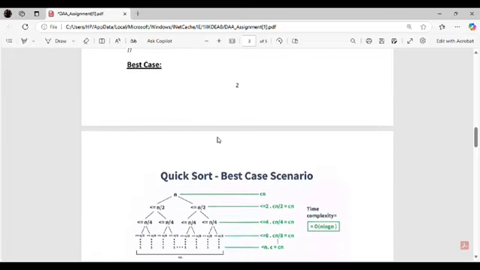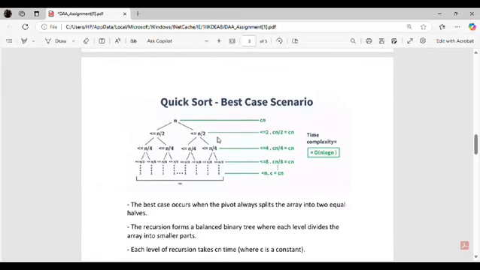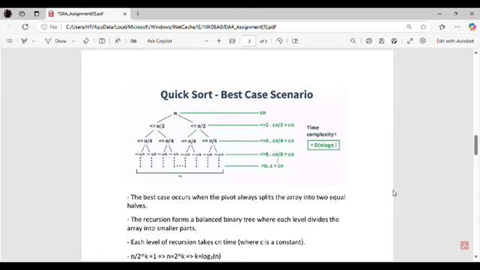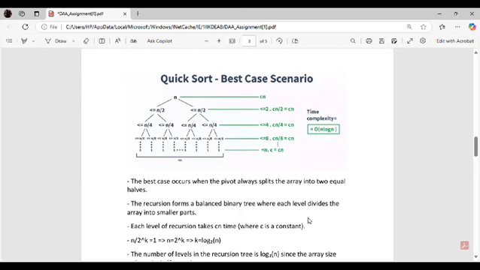Coming to the best case scenario of the quicksort. The best case scenario of a quicksort occurs when the pivot always splits the array into two equal halves. That is, the recursion forms a balanced binary tree where each level divides the array into smaller parts, that is, half of each array. Each level of recursion takes cn time, where c is a constant.